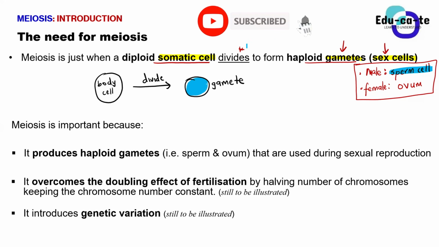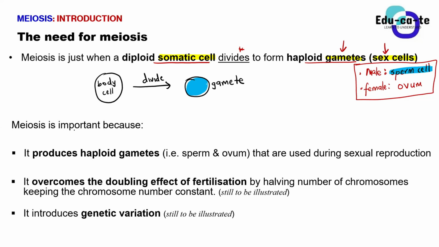That one says produce haploid gametes, and the second one says overcomes the doubling effect of fertilization. Okay, try to write the full statement so that you can get the maximum marks. But the main point is the one that is written in bold.